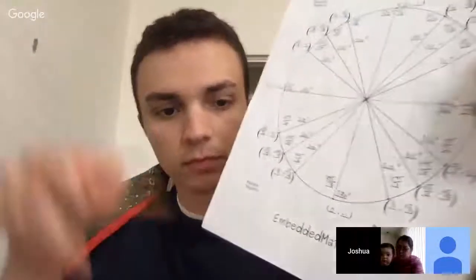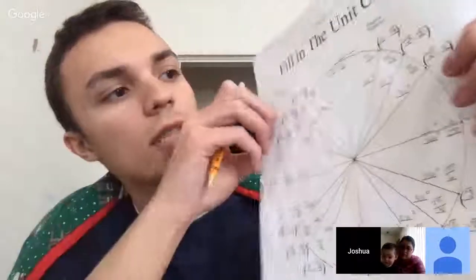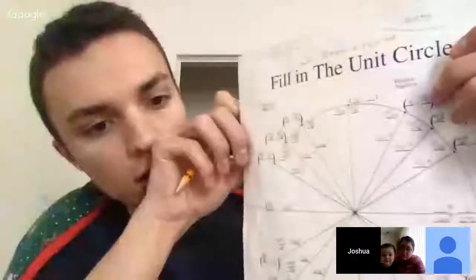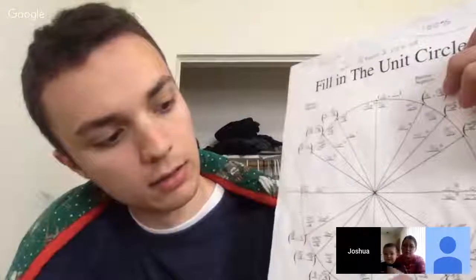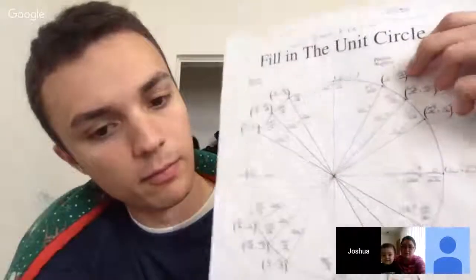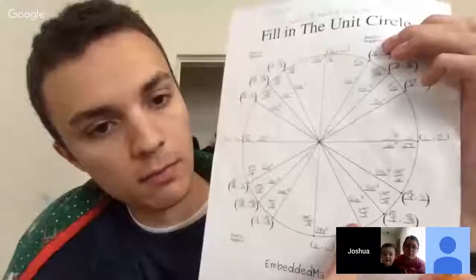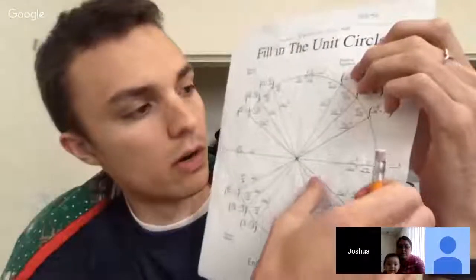So here, let's say we have the cosine, for example, of pi over 3 and 5 pi over 3 down here. Okay. So these two angles are, I don't know how to explain this.